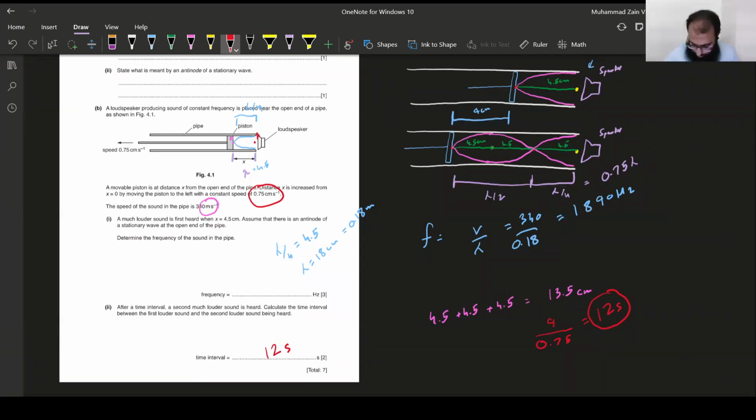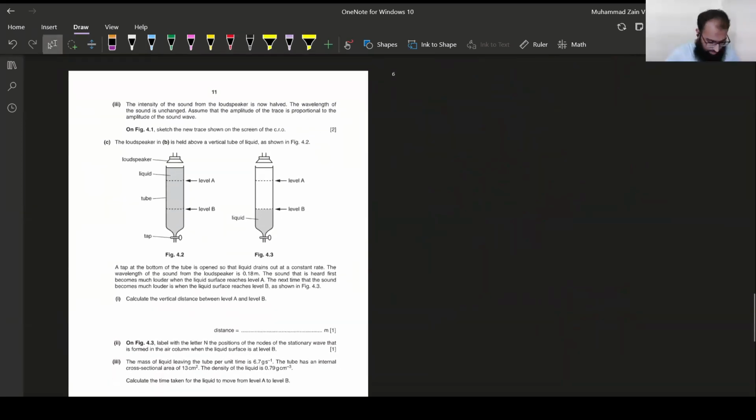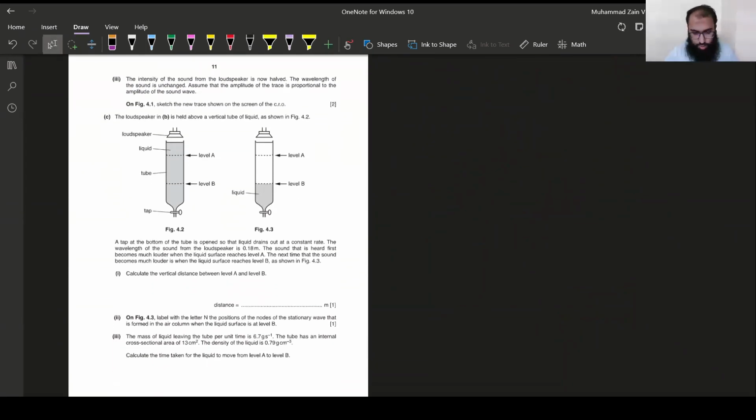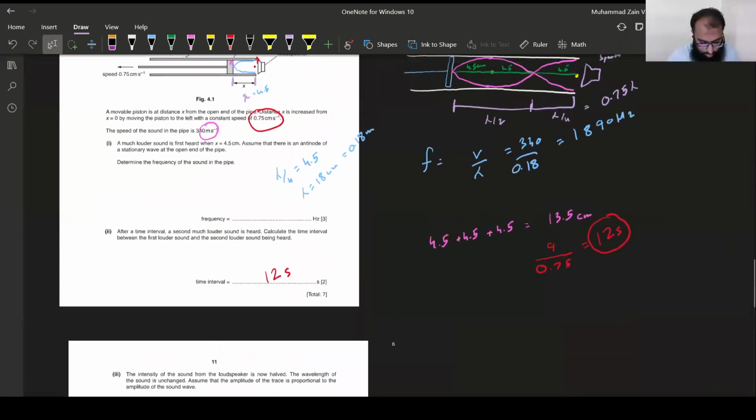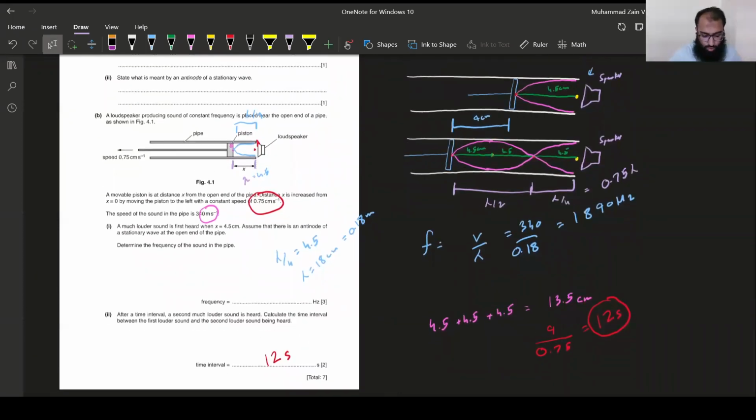These were the questions that we were supposed to do, but there's just one more question which I'll quickly gloss over. I'll tell you how it's supposed to be done, and maybe you could solve this yourself by taking a screenshot. There is essentially no difference, I think. There was an antinode on the open end where the loudspeaker was and a node where the piston was.